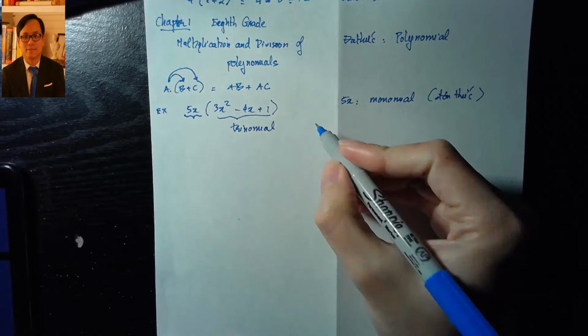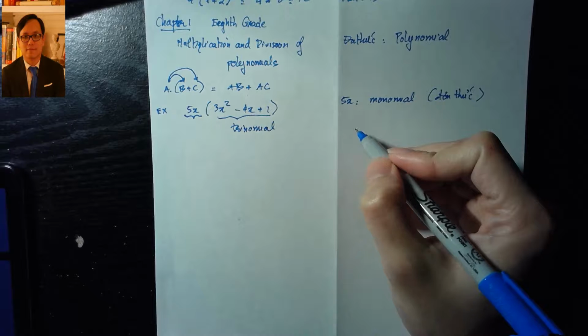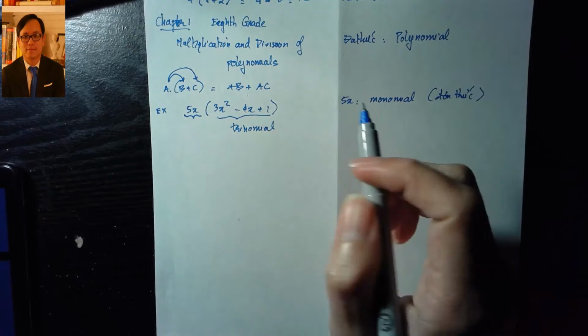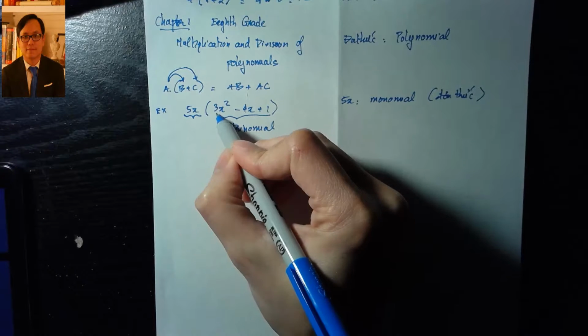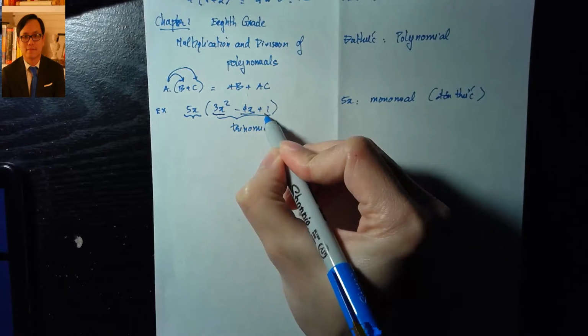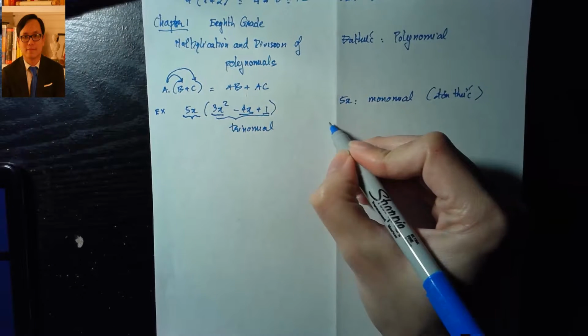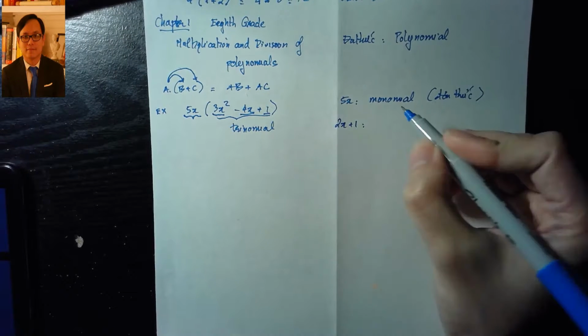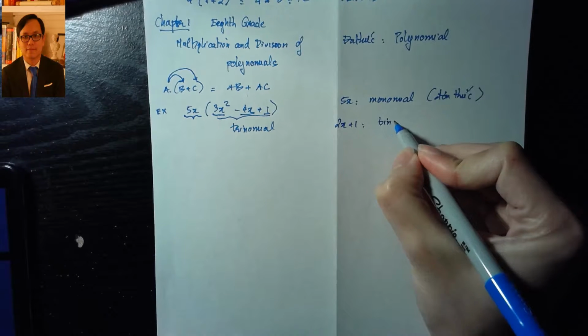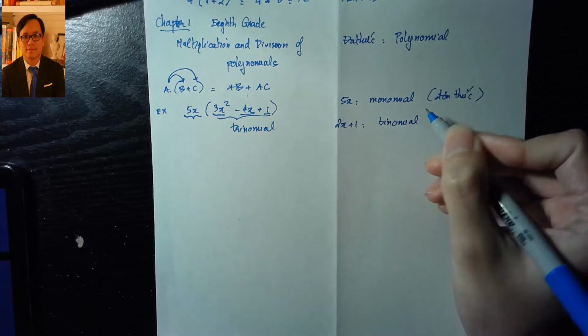Trinomial là một cái polynomial mà có 3 cái term. So this is your first term, the second term, and the third one. If you have two terms, for example 2x plus 1, we call it a binomial, nhị thức.